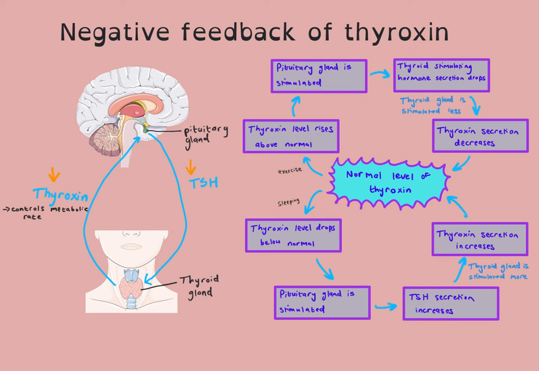And another reminder, one of the many things adrenaline does is it increases the secretion of thyroxin. So it will increase the thyroxin secretion, which will then cause your metabolic rate to increase, so your muscles and your brain cells can function more effectively with a lot of cellular respiration in an emergency.